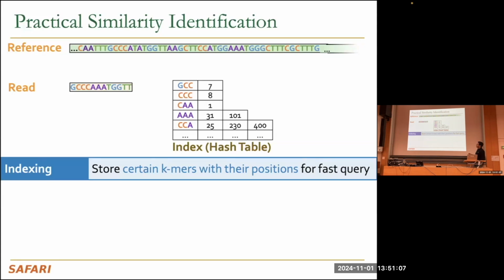So when you query this hash table with a subsequence, what you get as an answer is a list of positions where this subsequence appears in the reference genome. Or if it doesn't appear, you get a no response.